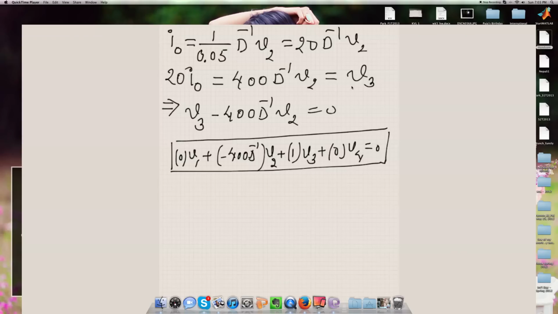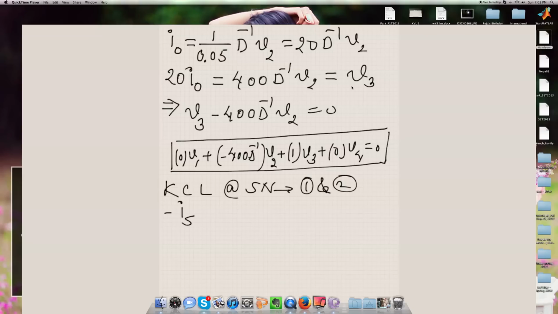we will consider the supernode we talked about, namely supernode 1 and 2, and apply KCL. So KCL as applied to the supernode, which is node number 1 and 2, we have 1, 2, 3, 4 legs connected to this supernode. I sub s is going to the supernode. So using passive sign convention, we have minus I sub s.